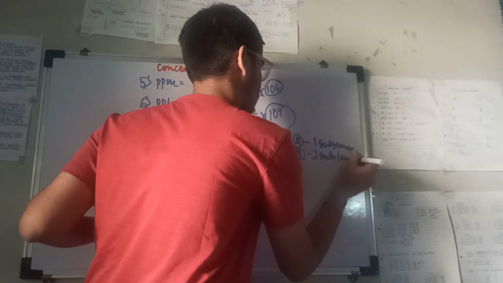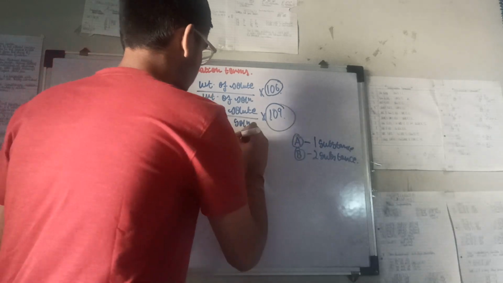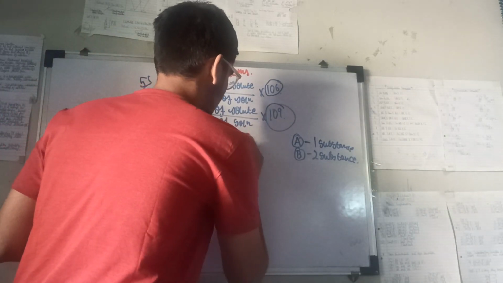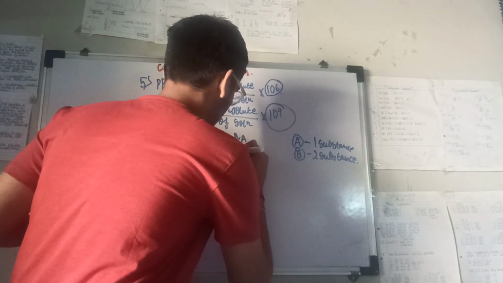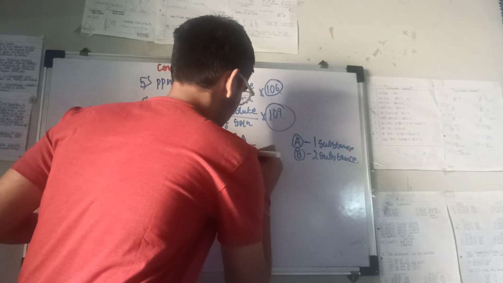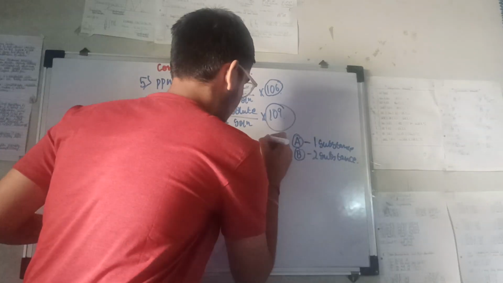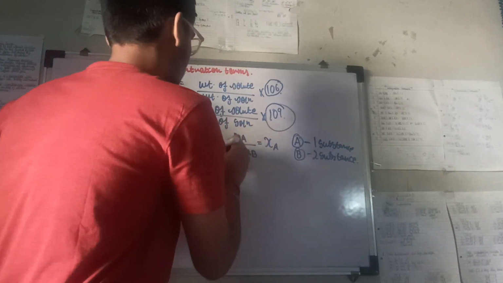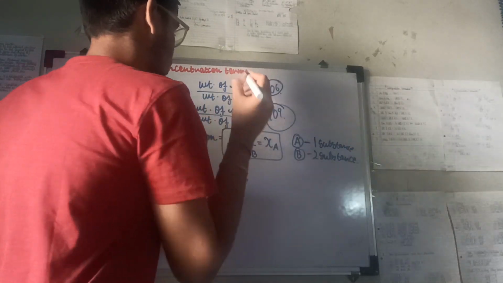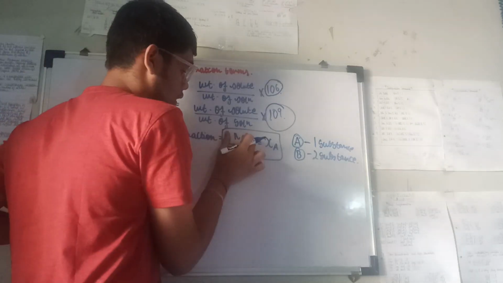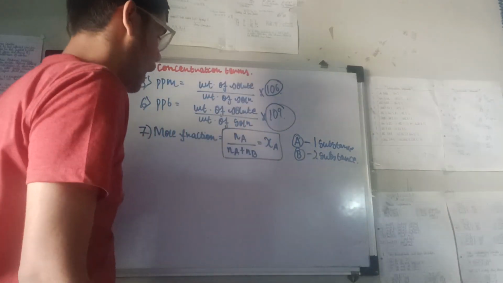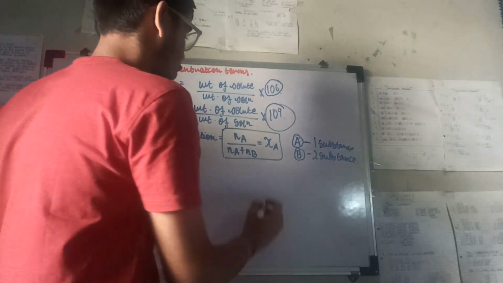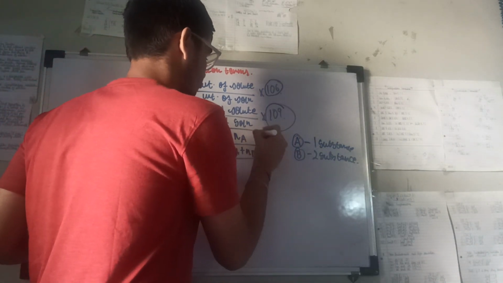So the formula will be Na, that is number of moles of A, by total moles, Na plus Nb. From that I will get chi A, that is mole fraction of A. You can see that number of moles of A is placed in the numerator and total moles in the denominator, because I have to find chi A.